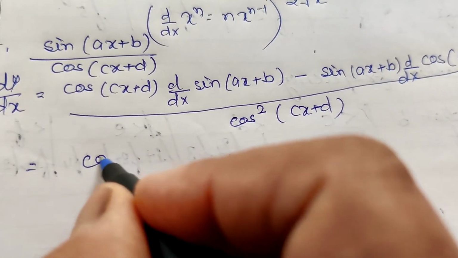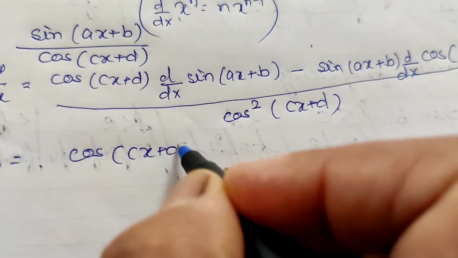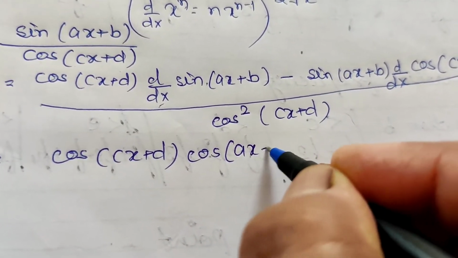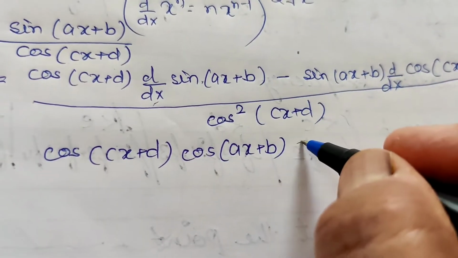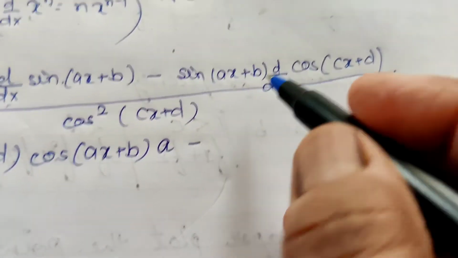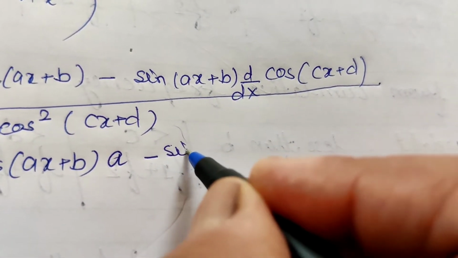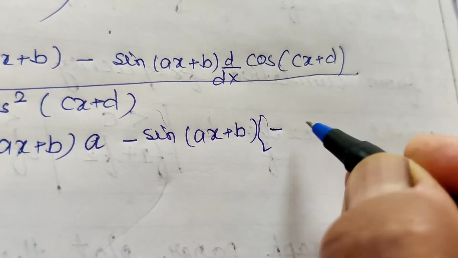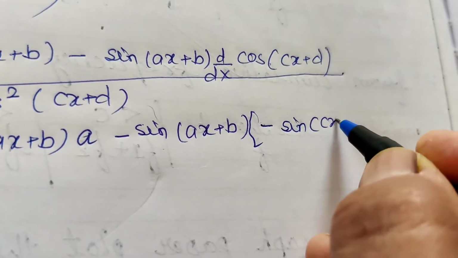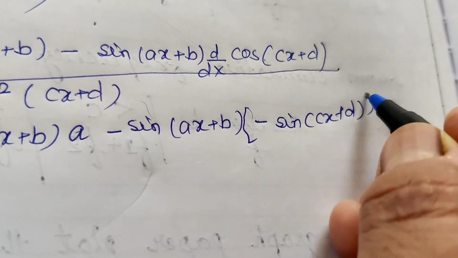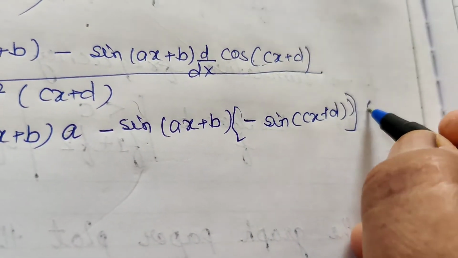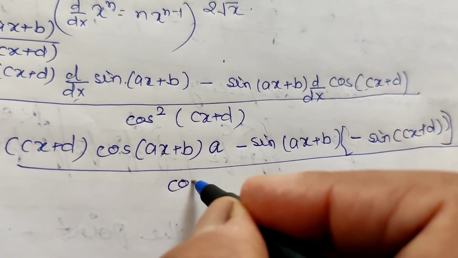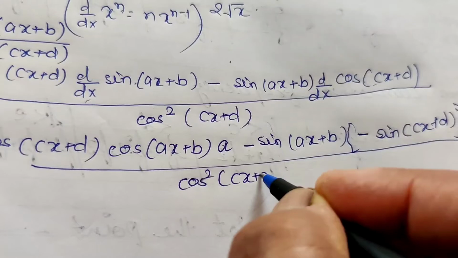Now differentiate. Cos(cx plus d) and the differentiation of sin(ax plus b) is cos(ax plus b), and the differentiation of ax is equal to a, minus sin(ax plus b), differentiation of cos x equal to minus sin(cx plus d), and the differentiation of cx equal to c, divided by cos square(cx plus d).